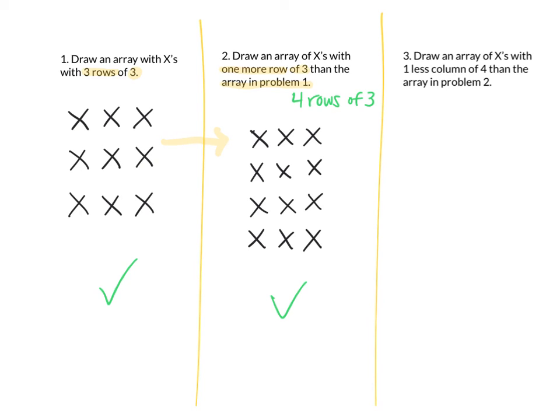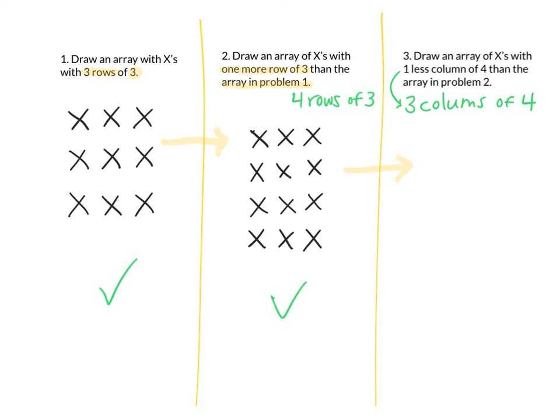So what we created in this problem is going to now get changed over in problem 3. So if I look at this problem, I have 3 columns, and inside of each column is 4. So I have 3 columns of 4. They want me to do one less.